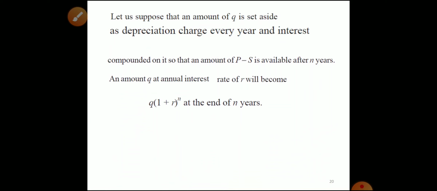This is the simple compound interest formula which we used in high school days: how much amount will we get at the end of n years if we invest Q rupees per annum. Let us understand how this expression has been derived.